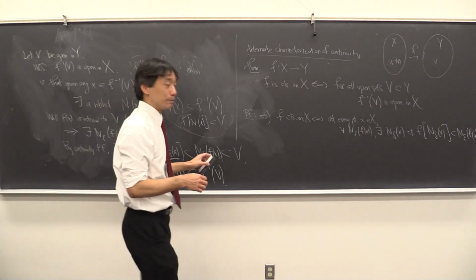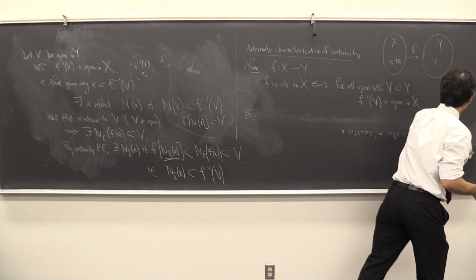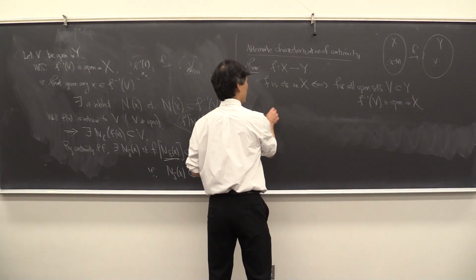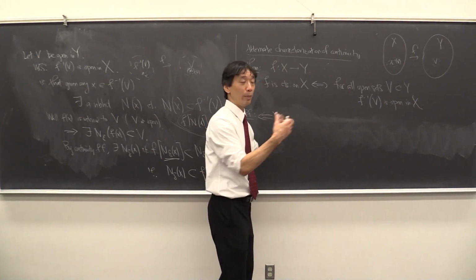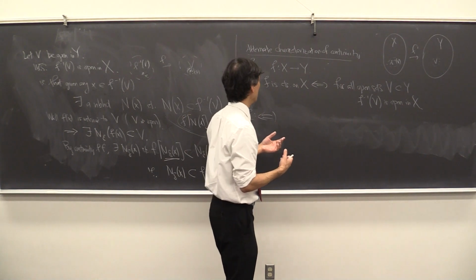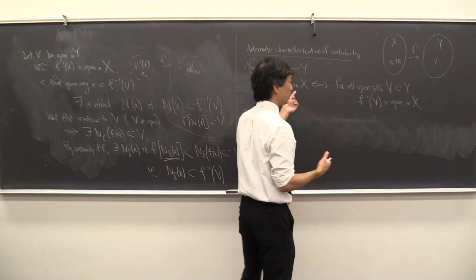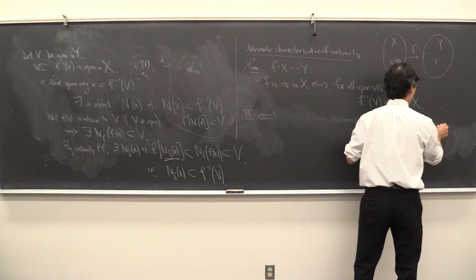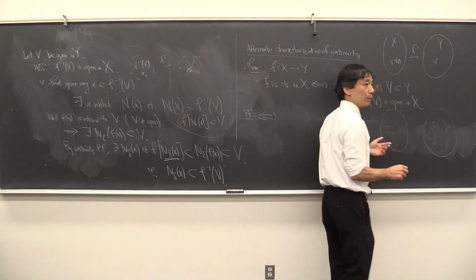Okay, let's go the other direction now. Going backwards, suppose we have this open sets property, that the pullback of open sets is always open. We want to show that f is continuous at every single point. No matter what open set we take over here, the pullback of it is going to be open.